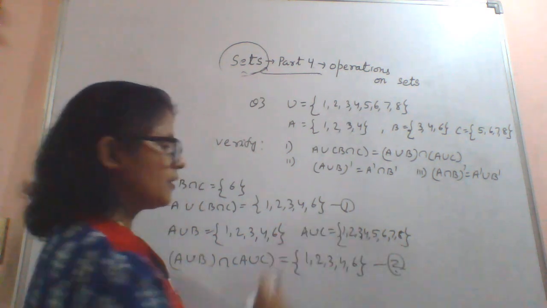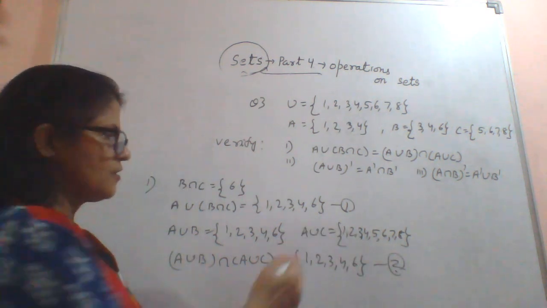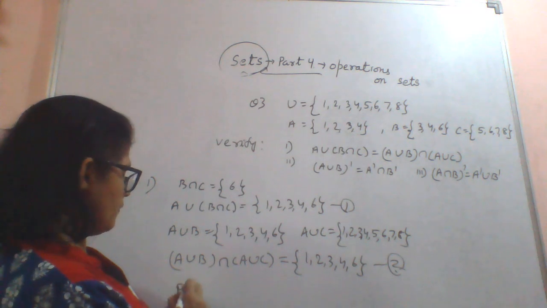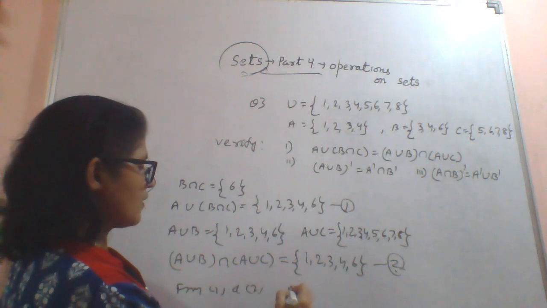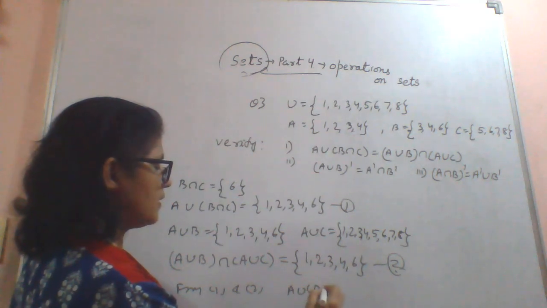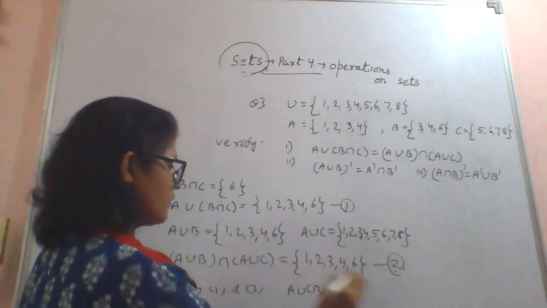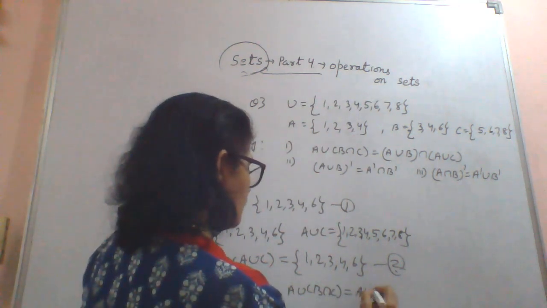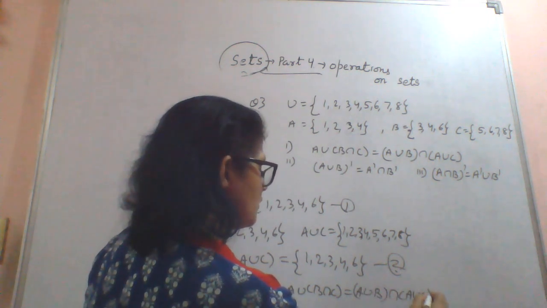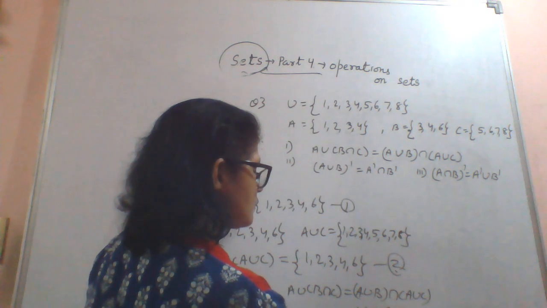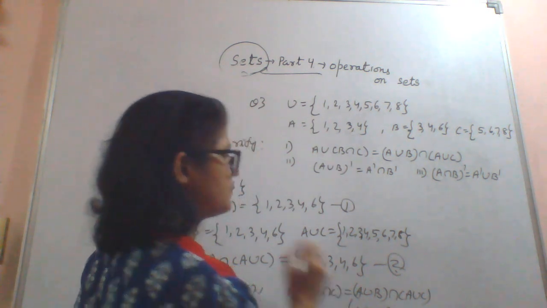It is your second part, I mean RHS. So from 1 and 2, you have A union (B intersection C) equals (A union B) intersection (A union C). This is now verified.